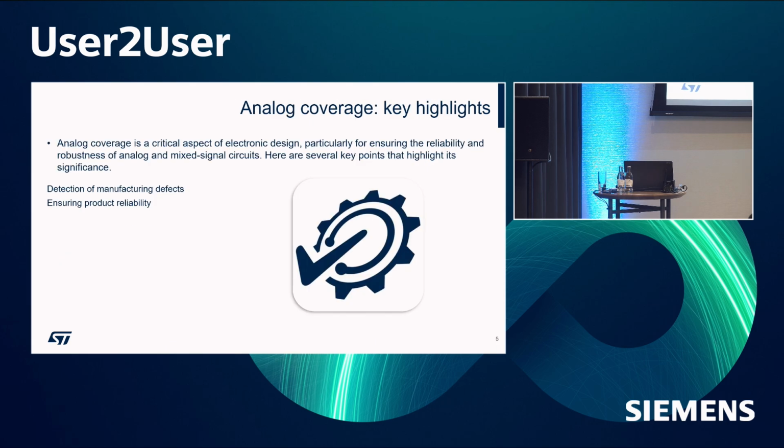Roughly, analog coverage is important for device development because of quality. That is our icon, meaning that quality is key. We know that analog coverage will help us detect manufacturing defects such as shorts, opens, parametric variations, and so on.